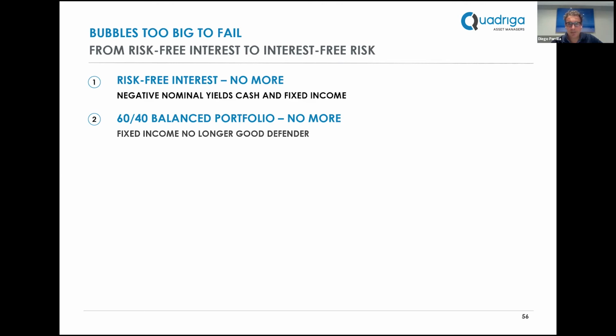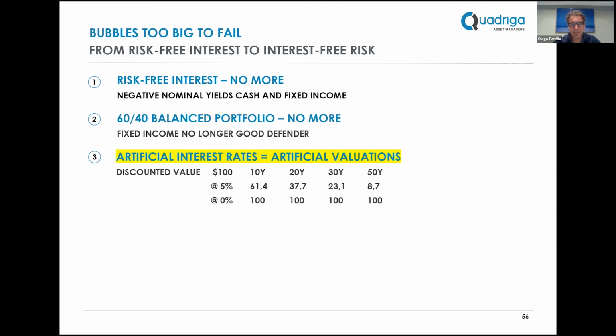This has implications, as I discussed in a previous section, on asset allocation, and the 60-40 balanced portfolio is not balanced anymore because fixed income has lost that defending power to a large extent, particularly in places like Europe, where we already have negative nominal yields. But very importantly, I think artificially low interest rates are primarily responsible for artificial valuations.